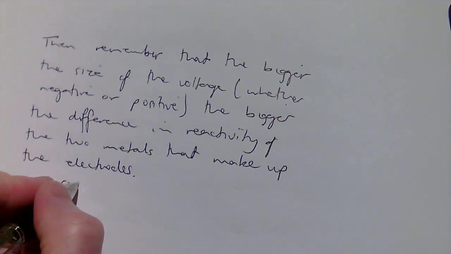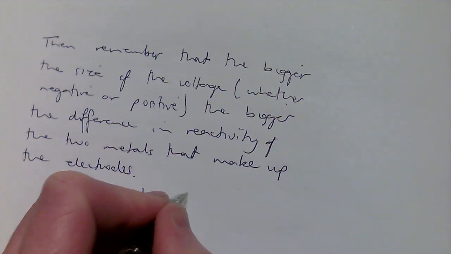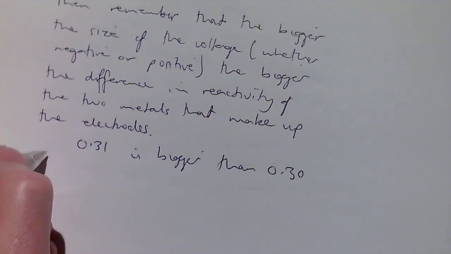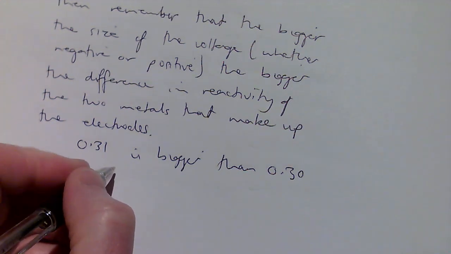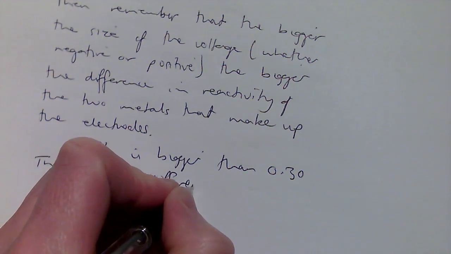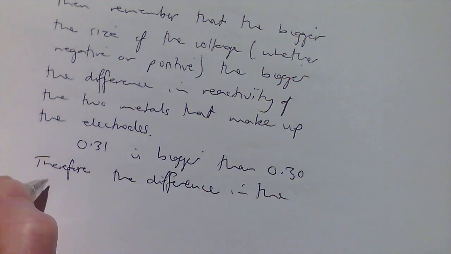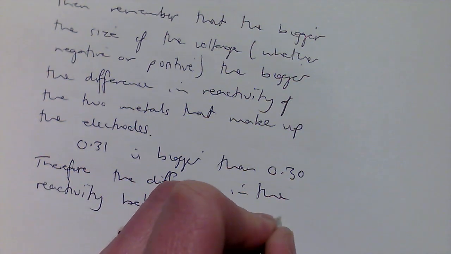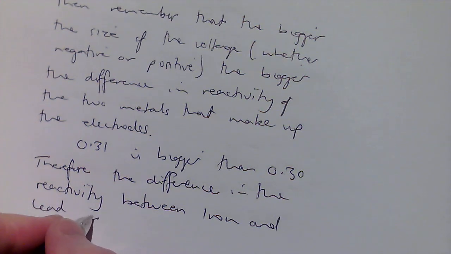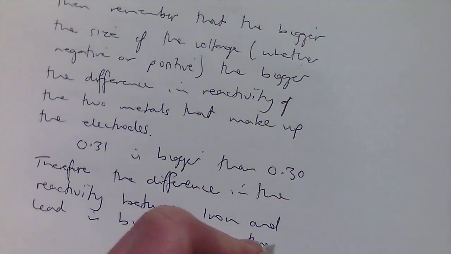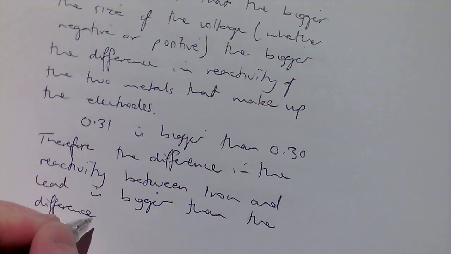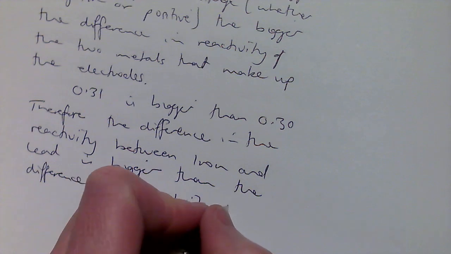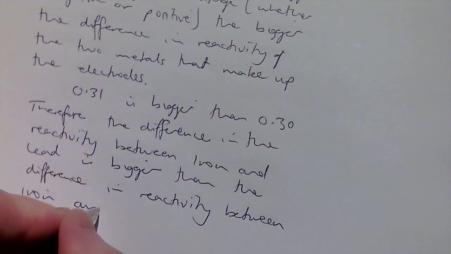In this case 0.31 is bigger than 0.30. Therefore, the difference in the reactivity between iron and lead is bigger than the difference in reactivity between iron and tin.